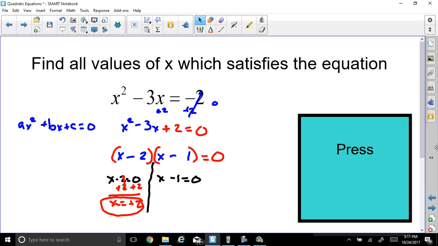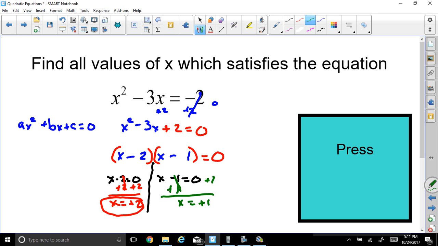Positive 1, positive 1. Our 1's will cancel out, leaving us with x equal to positive 1. So we have our two answers there. Our answers that satisfy this equation would be x equal positive 2 as well as x equal positive 1.